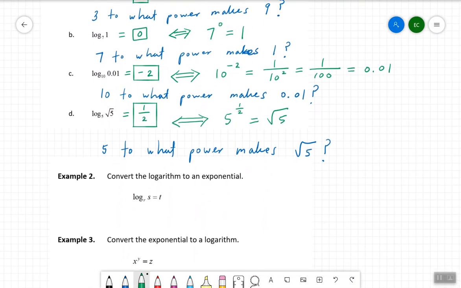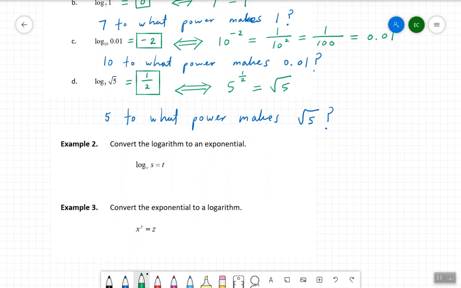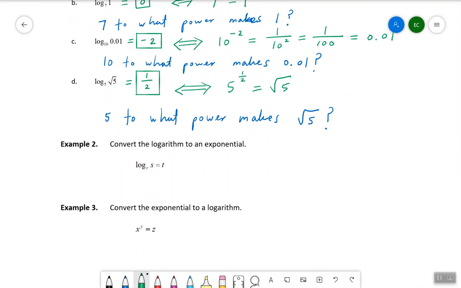Okay, let's extend this idea a little bit. What we want to do now in these next two examples is convert between logarithms and exponentials. Every log can be written as an exponential, and every exponential as a logarithm. So let's start with example 2, log base r of s equals t.